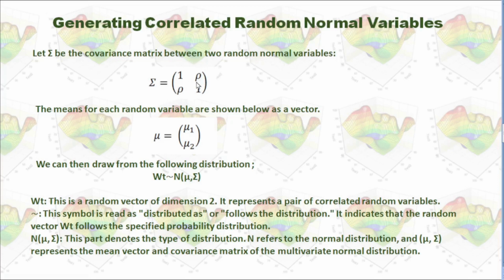So the correlation will be rho here. And let's say the random variables have means mu1 and mu2. So we can write this as a 2-dimensional vector. We can then draw from the following distribution.